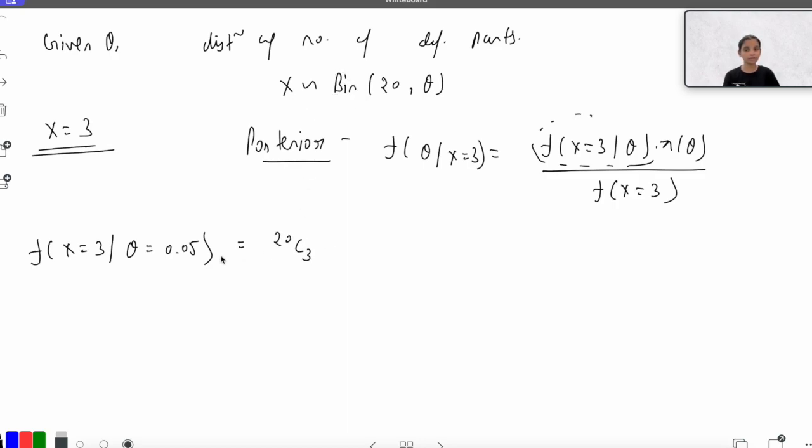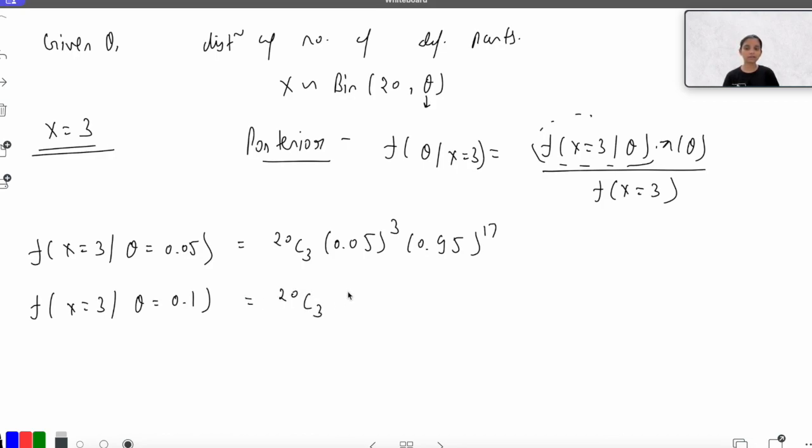Okay, so for this scenario we are having a binomial distribution, so that will be 20C3 when theta is 0.05. So in the place of the probability we are going to use 0.05 raised to the power 3 and 0.95 raised to the power 17. Okay, and similarly for the other value of theta, which is 0.1, you will calculate the likelihood corresponding to it, that is 20C3, 0.1 raised to the power 3 and 0.9 raised to the power 17.